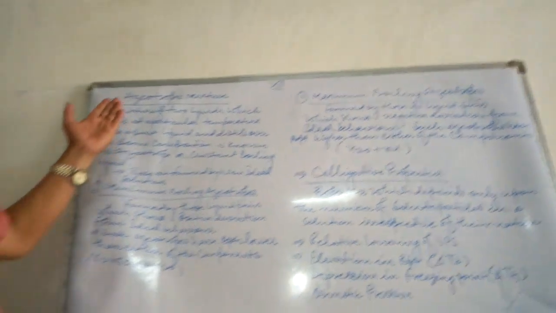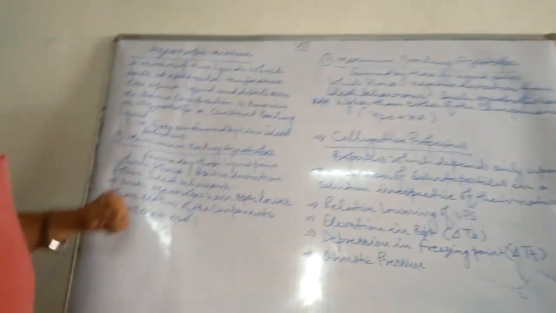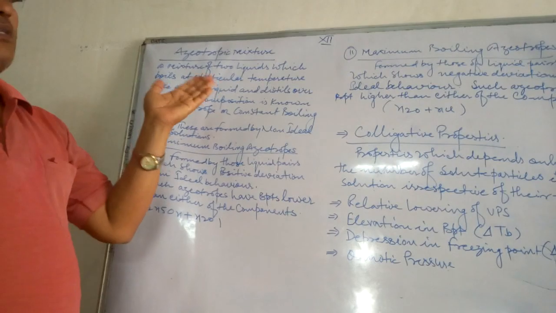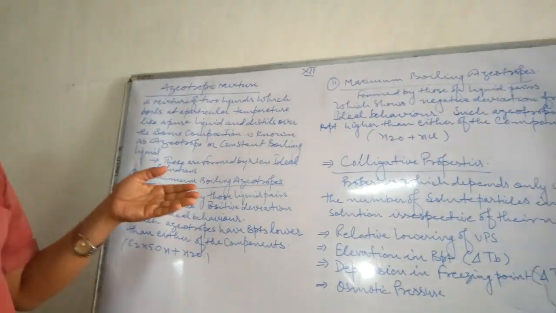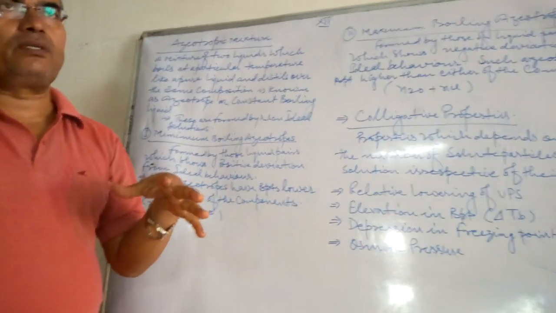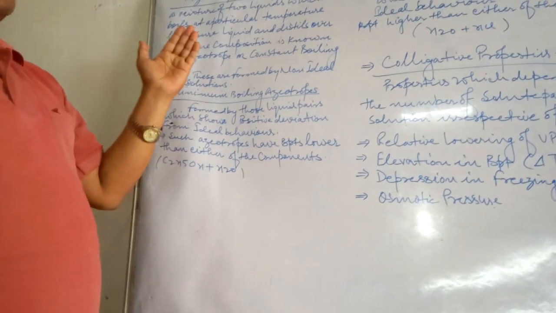Children, now the topic is azeotropic mixture. Yesterday I told you that after the discussion of non-ideal solutions, meaning the solutions showing negative deviation and positive deviation, we will discuss the next topic, that is azeotropic mixture.